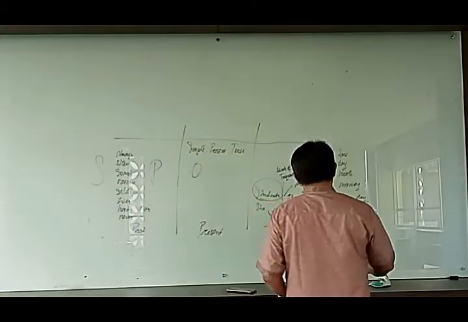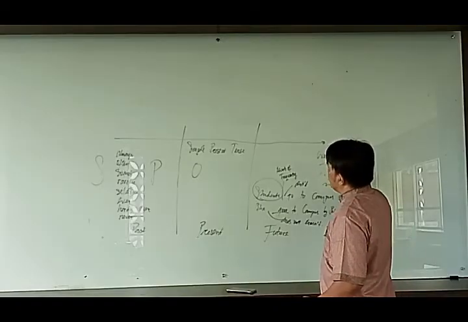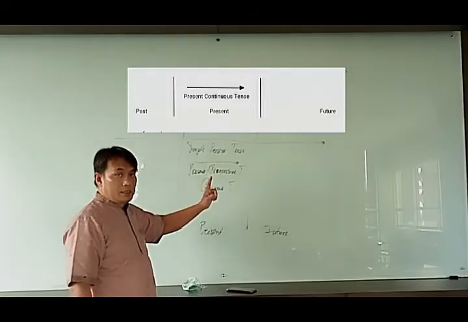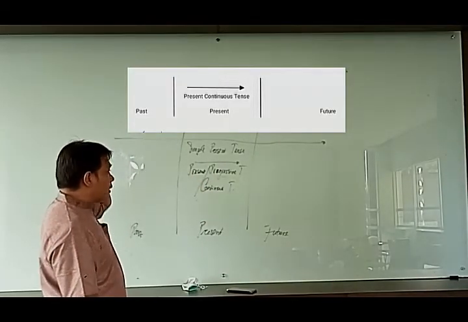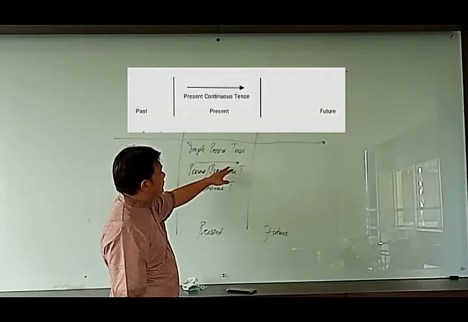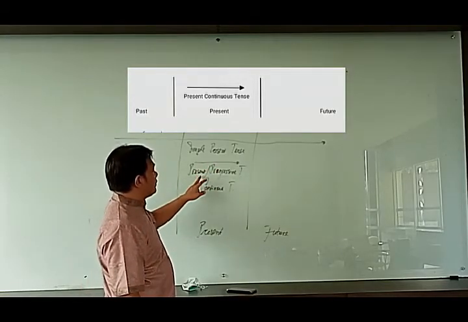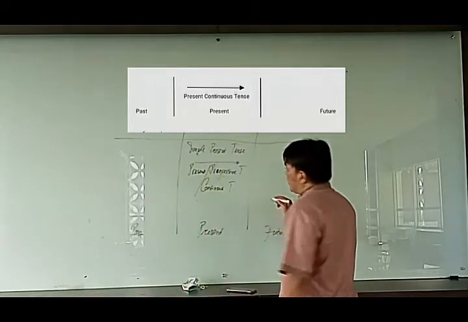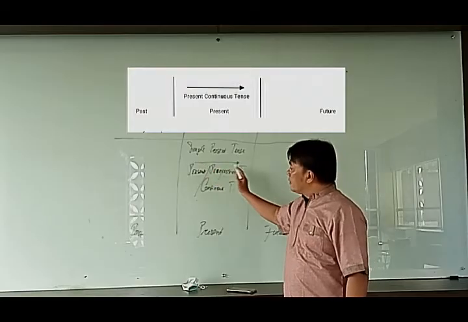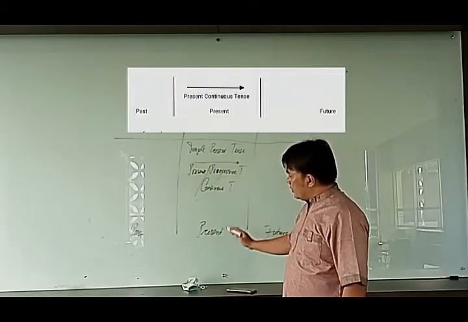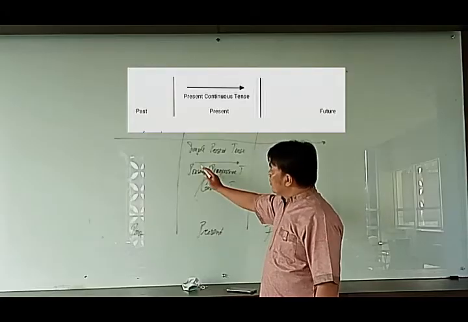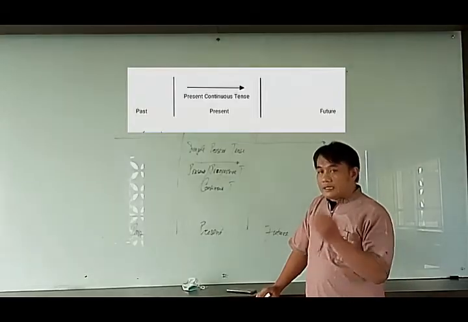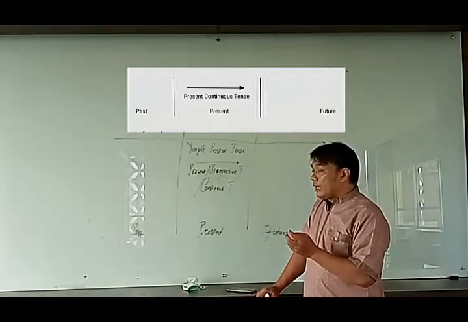So now we go on to other time scale: present progressive tense or present continuous tense. Students, this one, present progressive tense or present continuous tense, I draw the line here in the present scope. So it's happening. It's happened at the time of speaking.